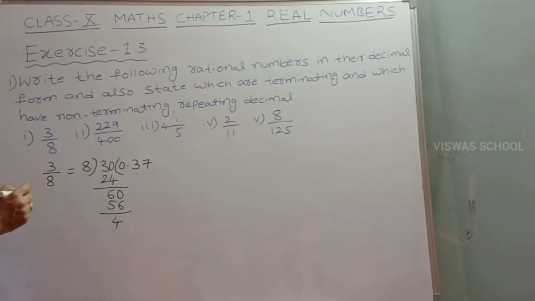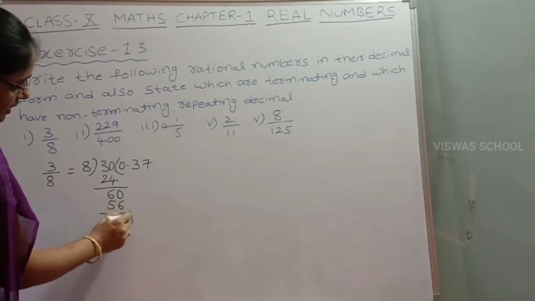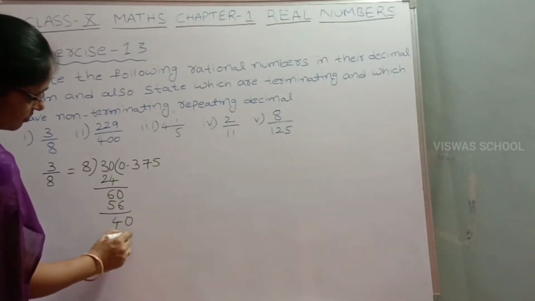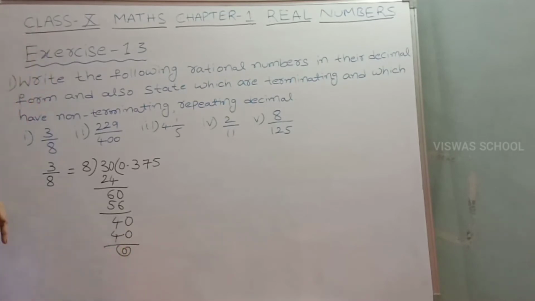Now again I am taking 0. 40. 8 5s are 40. 40 minus 40 equals 0.